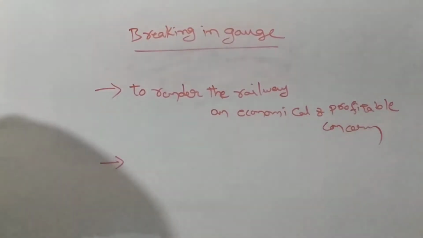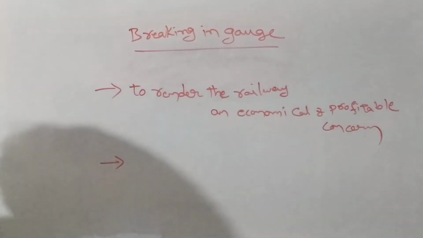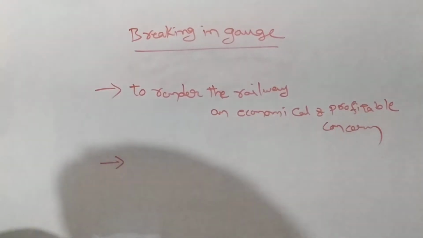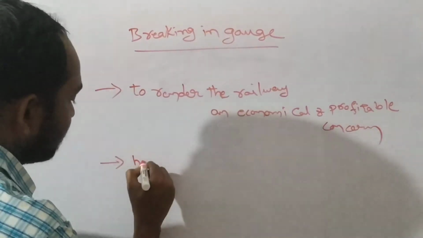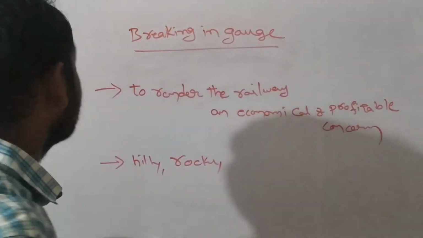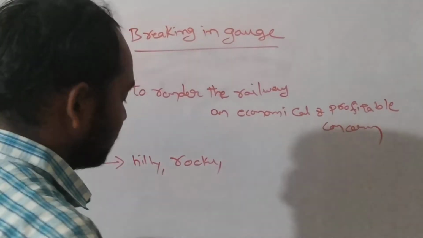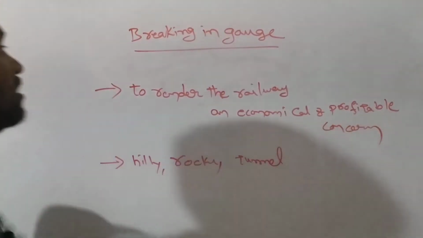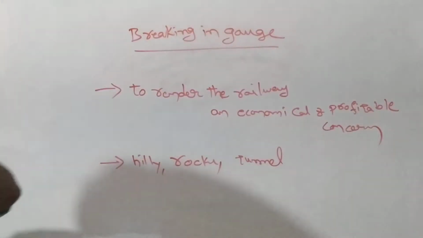Next, breaking in gauge can facilitate the provision of steeper gradients, sharp curves, and narrow tunnels by adopting a less wide gauge in hilly and rocky areas. In hilly areas, rocky areas, and wherever we need to construct a tunnel, breaking in gauge may be useful.